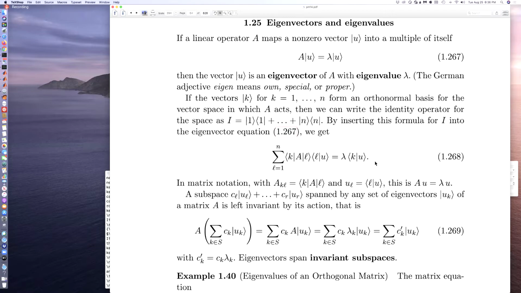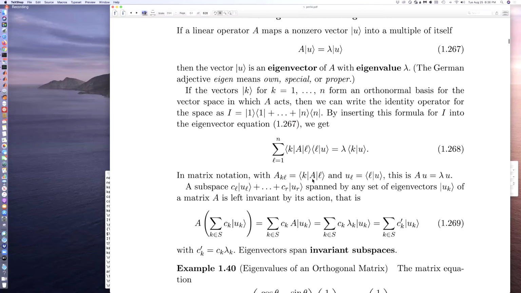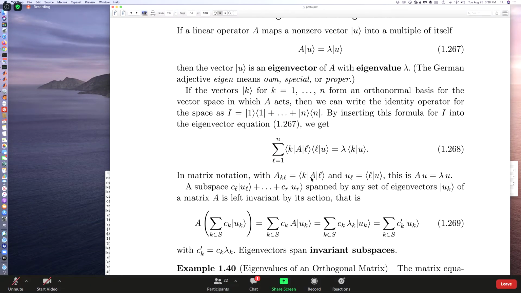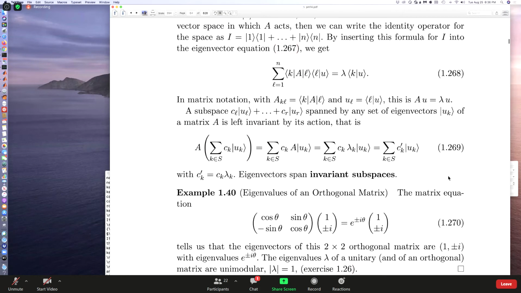And as I said many times, Dirac notation is extremely useful. The matrix elements of A appear this way, or equivalently, the inner products of the linear operator A with the bra K and the ket L are the matrix elements of the matrix A. These inner products are the elements of the vector U.